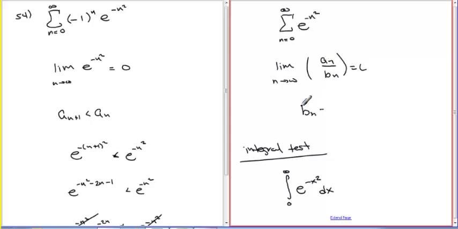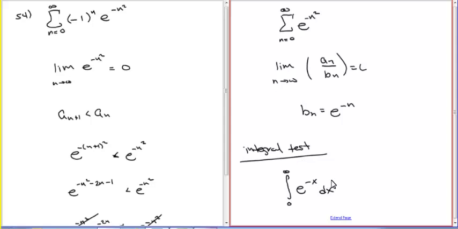Now, in this case, what I'm going to do is say the function's e to the minus n instead of e to the minus n squared, because I can integrate this. So the integral test is going to be on this e to the minus n instead of e to the minus n squared. And both of those are greater than 0.